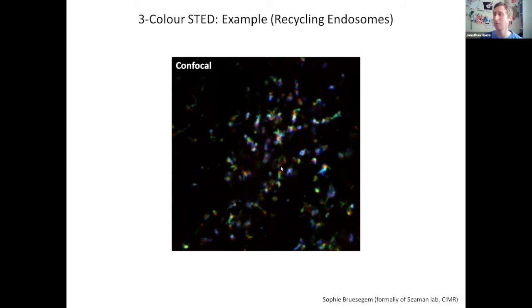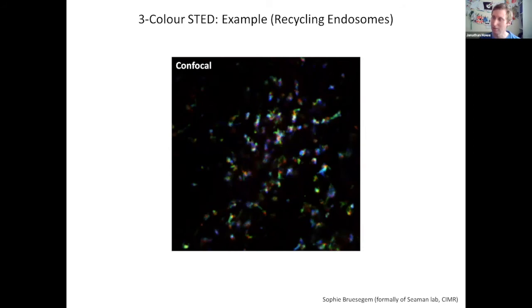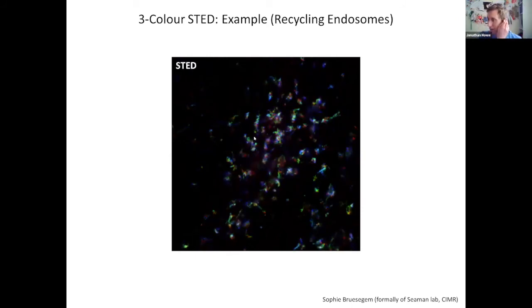But then when we do the STED imaging, we get much more resolution. Unfortunately, I don't have a further blow up here, but essentially you can see, for example, in this green thing here, this green blob becomes a circle. So that's probably something like a vesicle. And a lot of the co-localization has gone away. We can see the individual colors more clearly separated from each other.